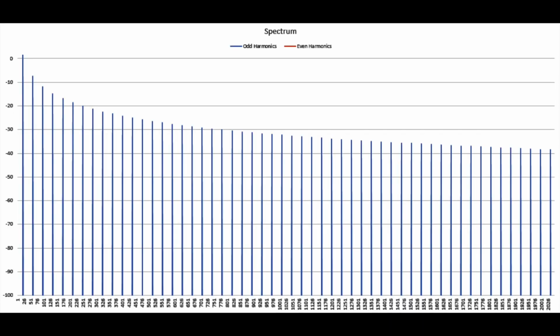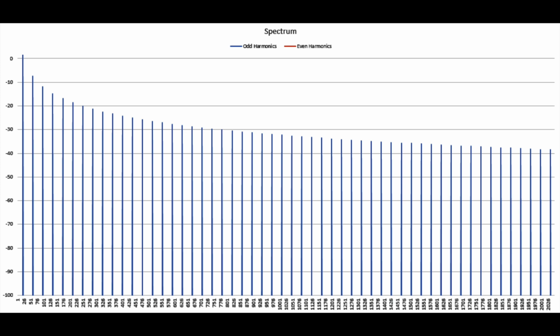Now, what's really wild is I kept thinking about how it worked for a 50% duty cycle square wave. If you take the reciprocal of 50%, what do you get? You get 2. That's kind of weird, because if you've been following me, you know that there's no even harmonics in a 50% duty cycle square wave.